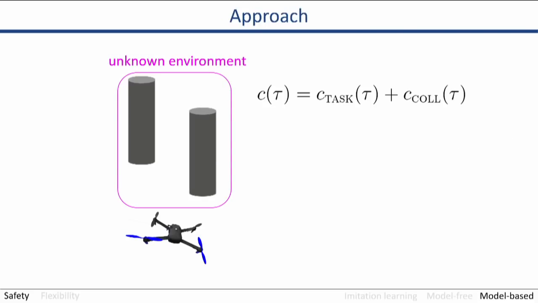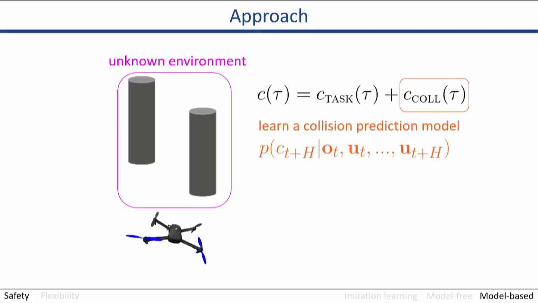So what we do is we encode our task as a cost function, cost of tau, which is a trajectory, into the cost of the task, which might be fly at 2 meters per second, plus some cost of collision, or basically cost of failure, like doom.